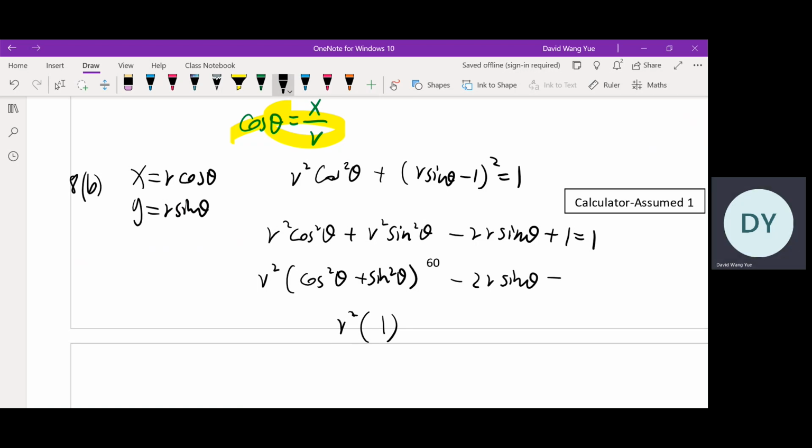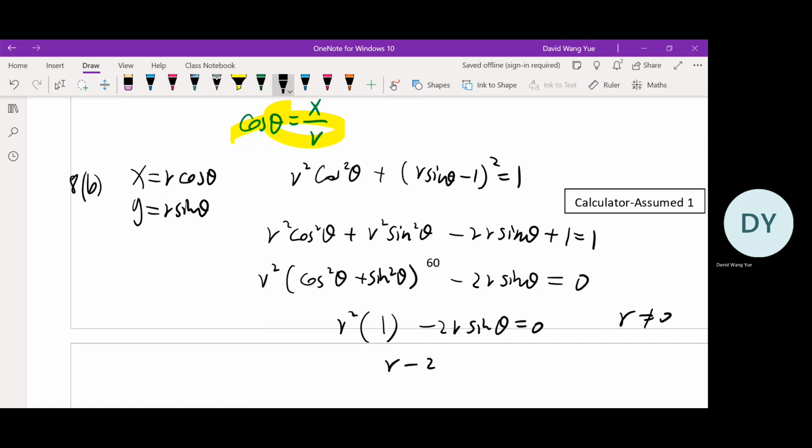And then plus 1 equals 1, all gone. Now, because usually r is not equal to 0, if I cancel the r, I get r minus 2 sin theta equals 0, so r equals 2 sin theta. That's the equation for 8b.